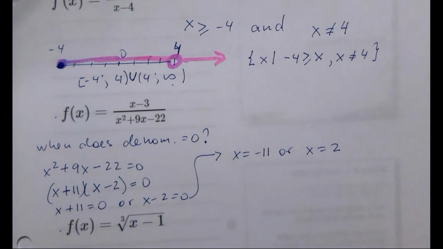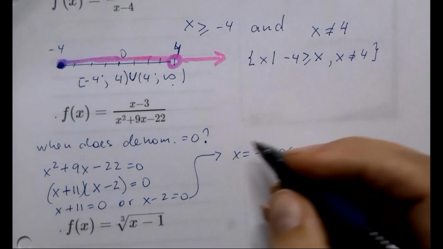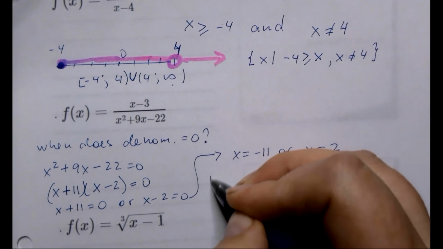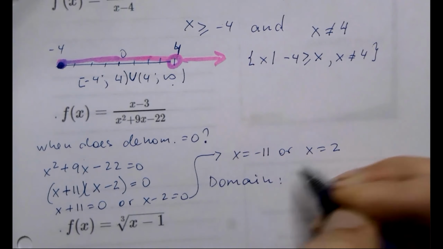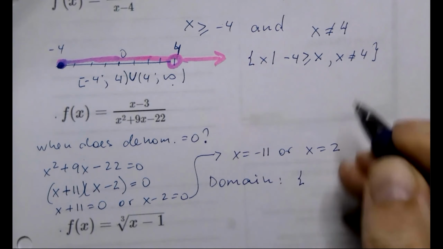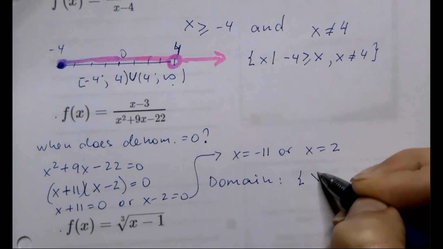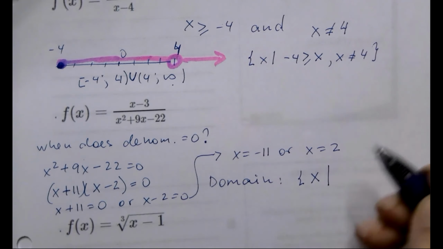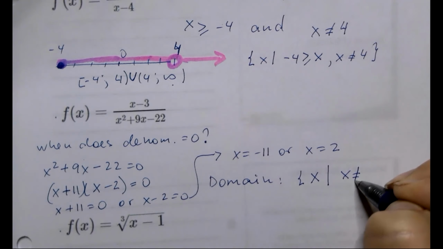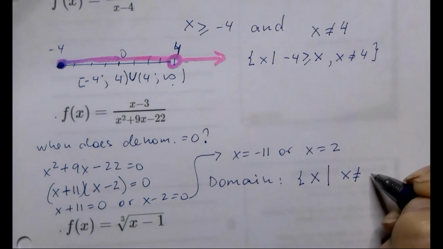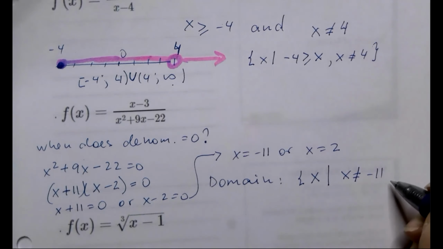So either this value or that value will turn the denominator into 0. So we have to exclude those values. When we write the domain for this function in set builder notation, we could say x is such that x could be anything, the only values that we exclude, x is not equal to -11 and x is not equal to 2.